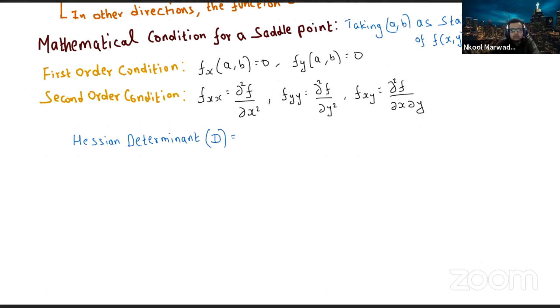It is f of xx at a comma b, times f of yy at a comma b, minus f of xy at a comma b whole square.